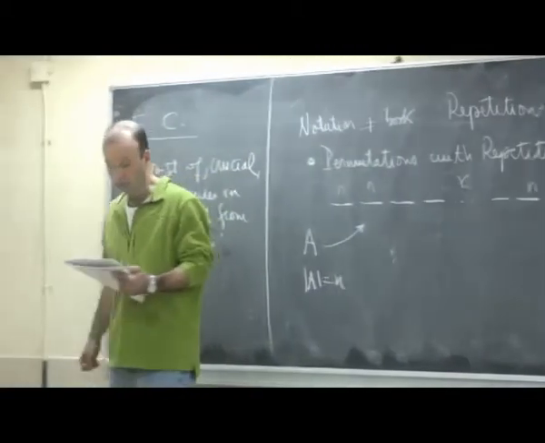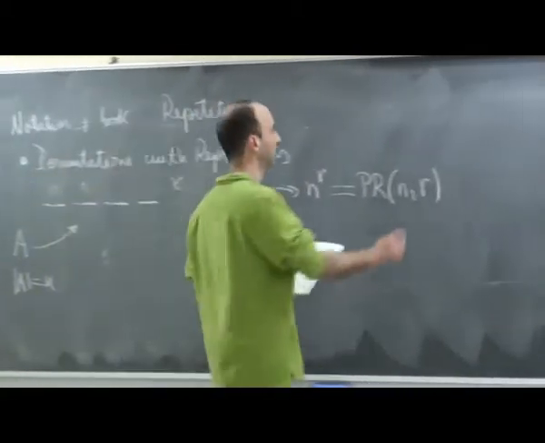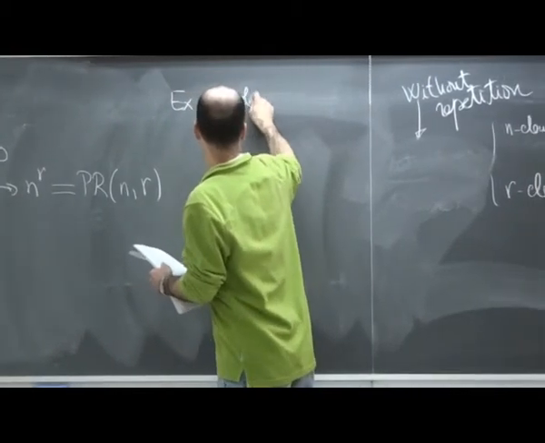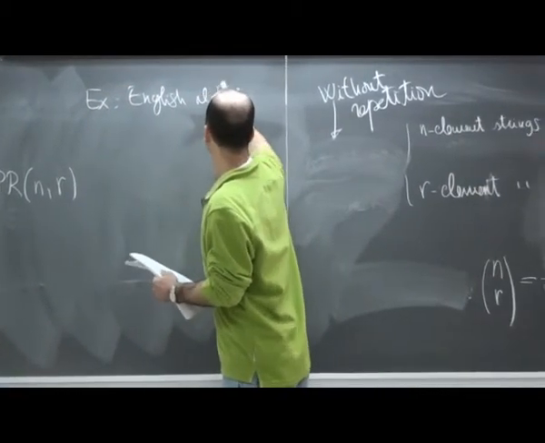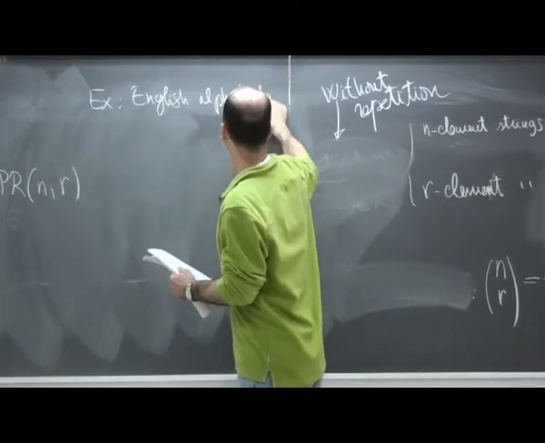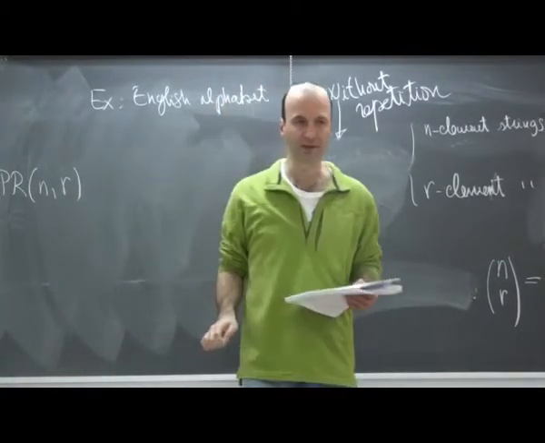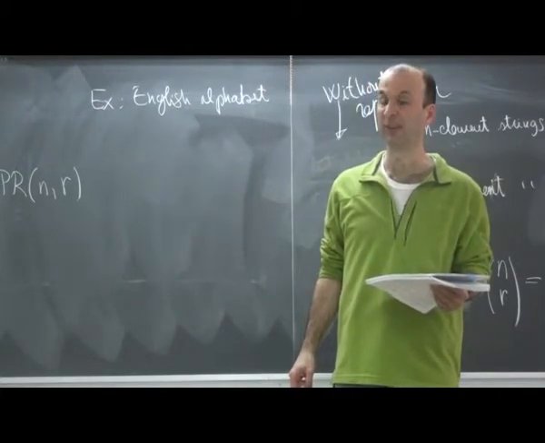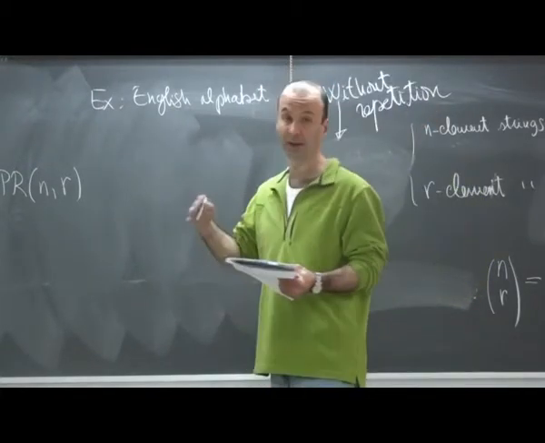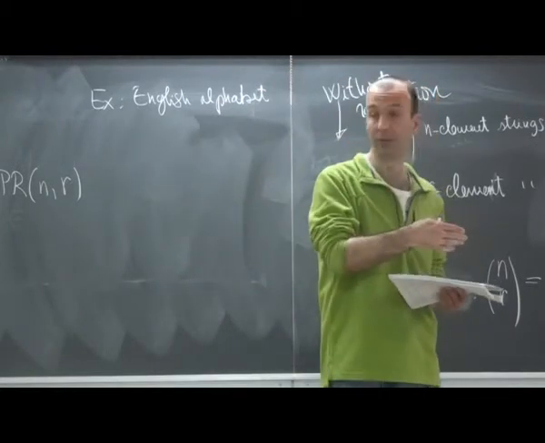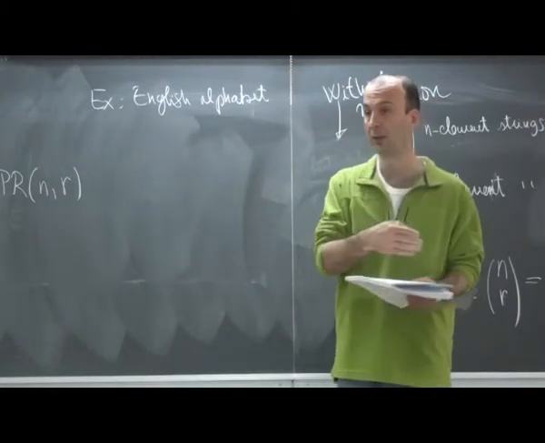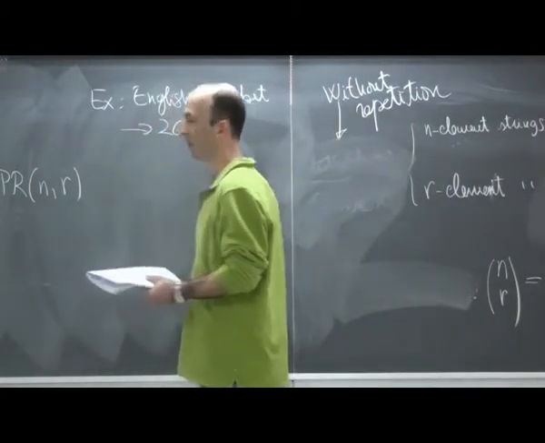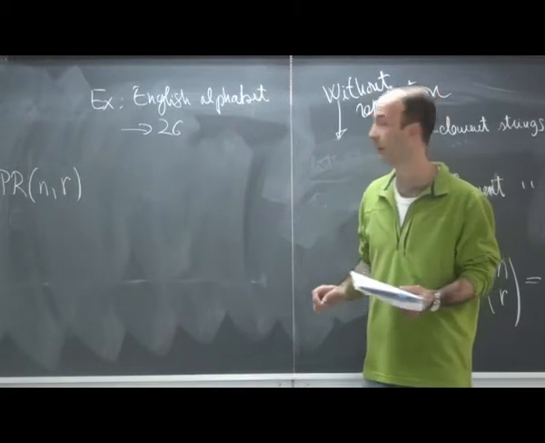Okay. Little example. How many letters does the English alphabet have? 26, right? I say that because if you do the problems in the book, you must know that. It is mentioning that fact all the time.